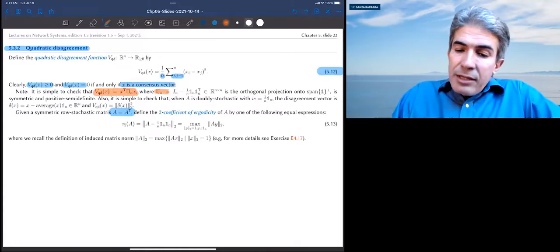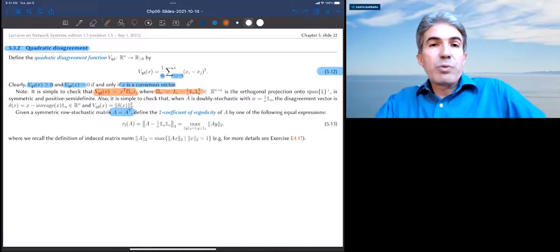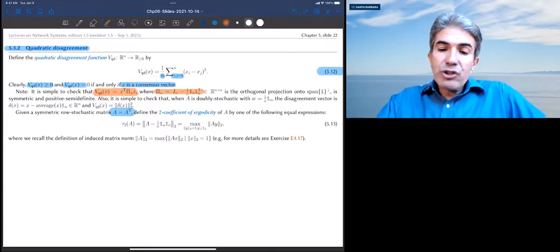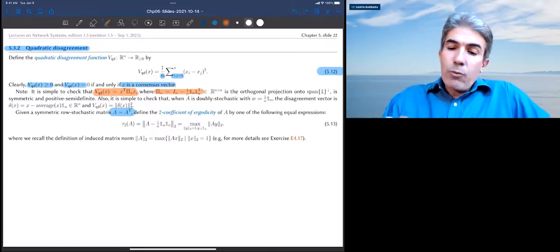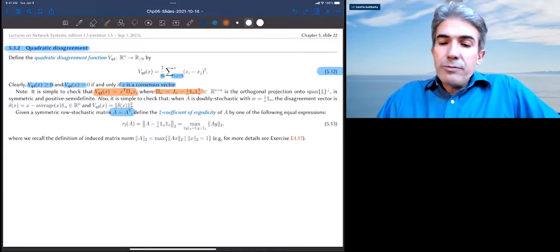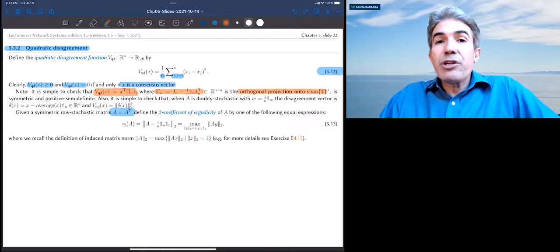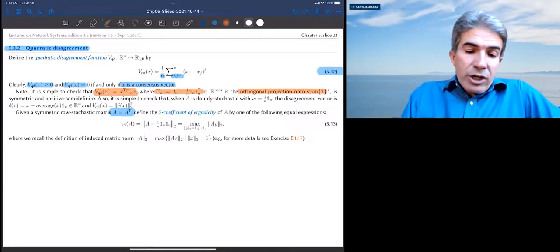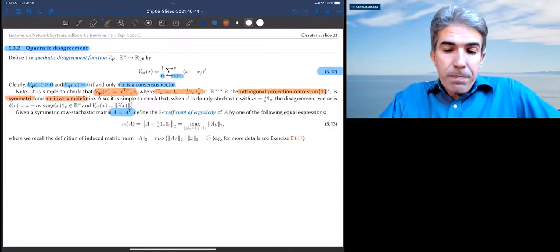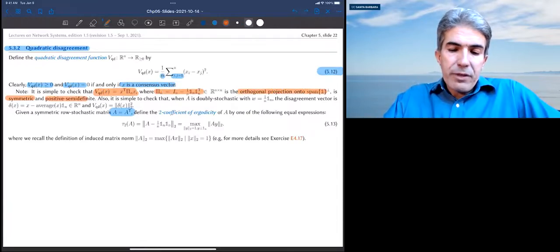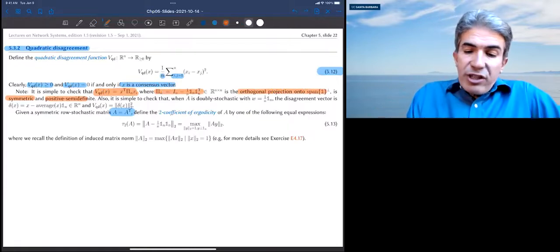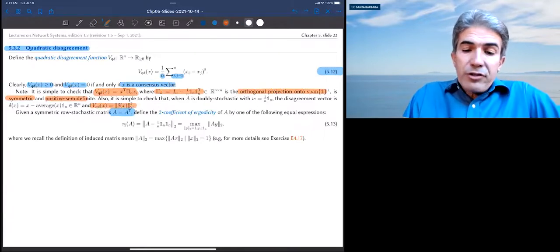And this pi n is a matrix that you can write out explicitly. One can show that this pi sub n is the orthogonal projection onto the vectors perpendicular to 1n. One can show that it's symmetric, and one can show that it is positive semi-definite. And then moreover, one can show that this VQD can be written simply as, again, the 2 norm of the disagreement vector.